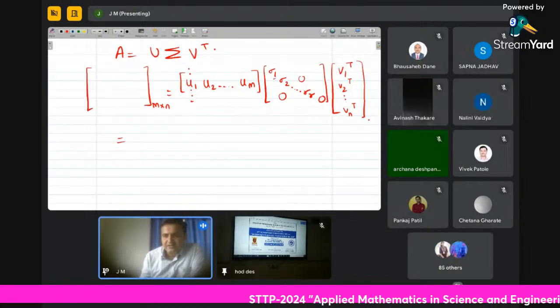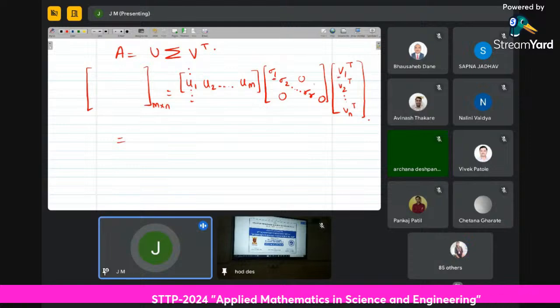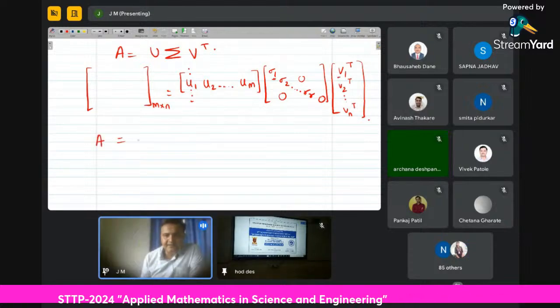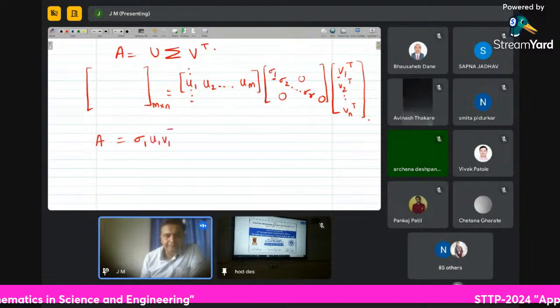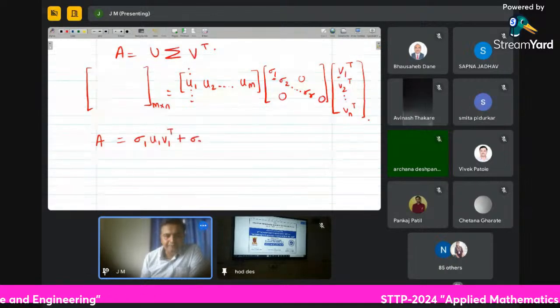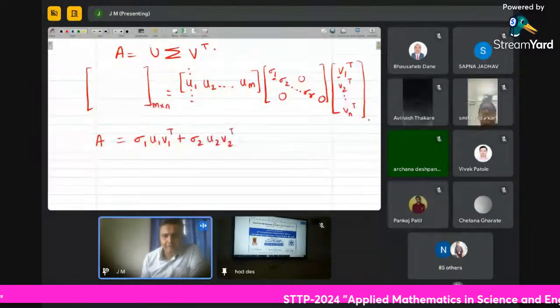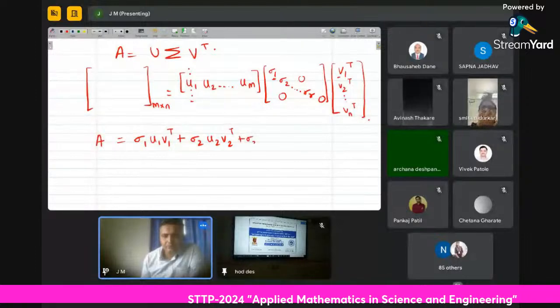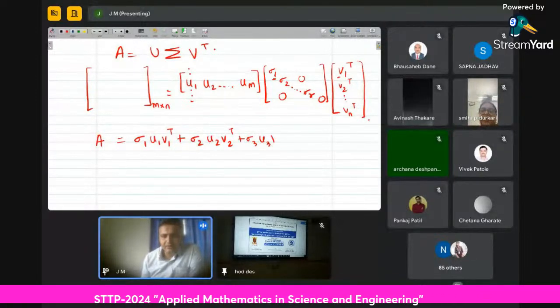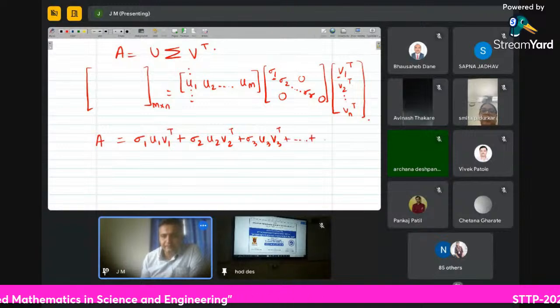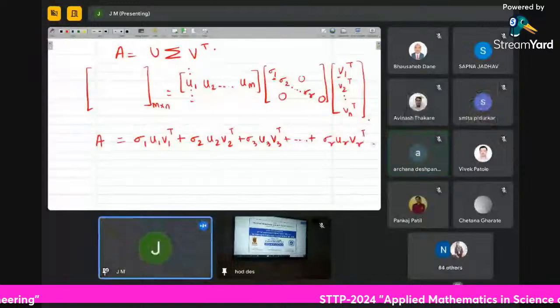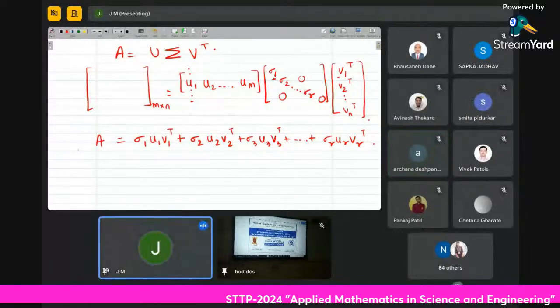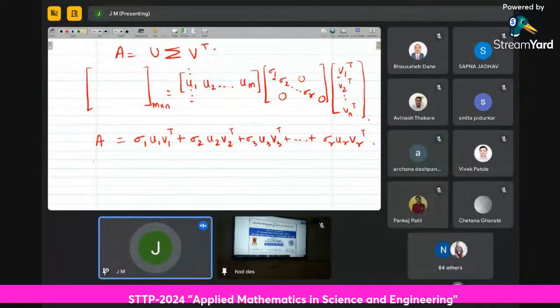If I multiply the first column by sigma and this first row, I get A equal to sigma 1 U1 V1 transpose plus sigma 2 U2 V2 transpose plus sigma 3 U3 V3 transpose, up to sigma R UR VR transpose.